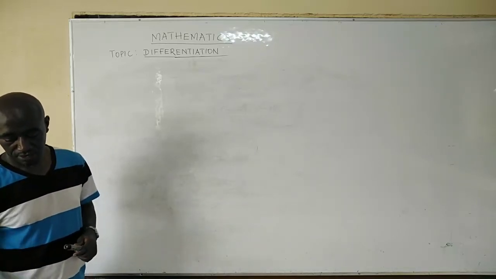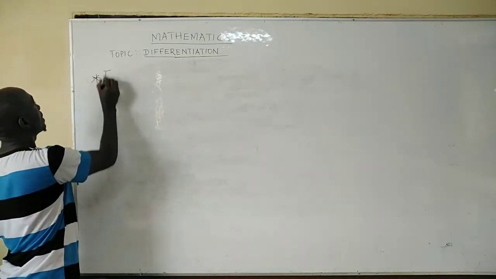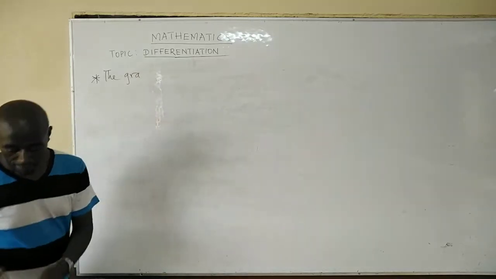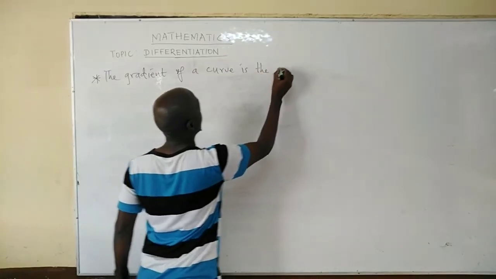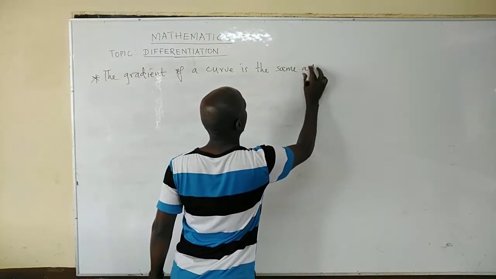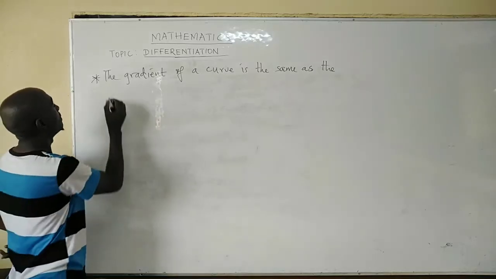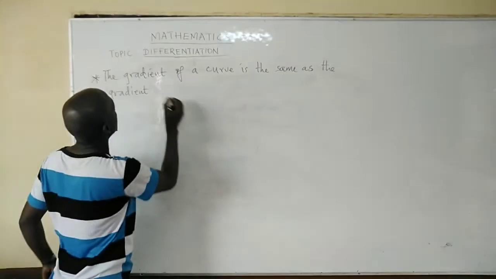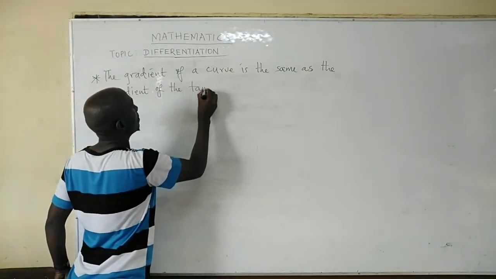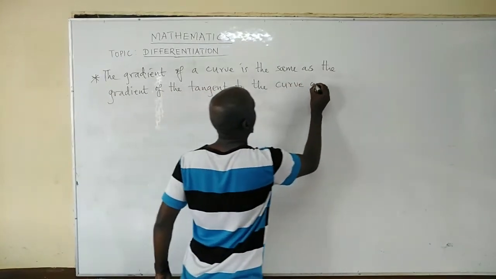So let's look at an example. Before we look at our first example, we say that the gradient of a curve is the same as the gradient of the tangent to the curve at that point.